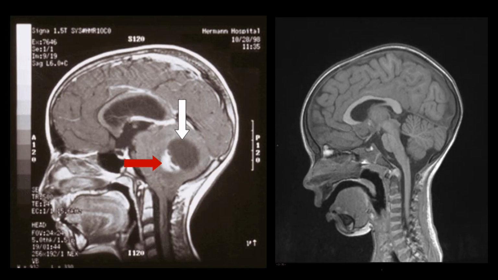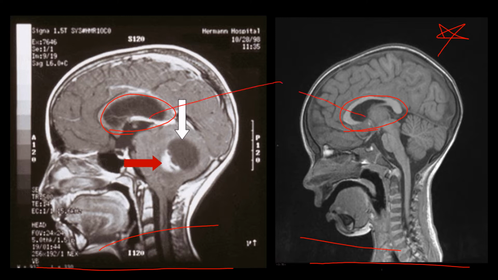Now this slide presents to you the patient's MRI and the normal MRI. I have added the normal MRI so that you can compare the characteristics of the normal MRI with the abnormal one. Now the area below the corpus callosum always appears dark due to the presence of ventricles, which are CSF fluid spaces.